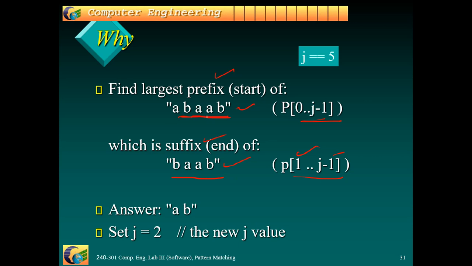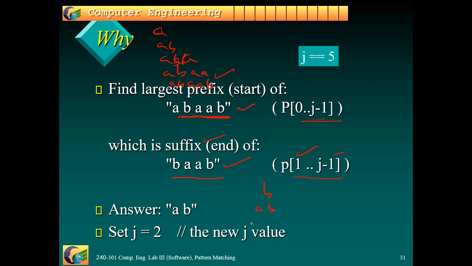So, what are the prefixes of this ABAAB? As I said, A, AB, ABA, ABAA, and the string itself. And what are the suffixes of this BAAB?